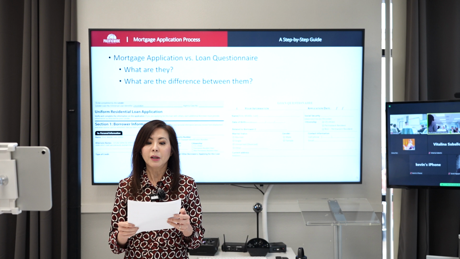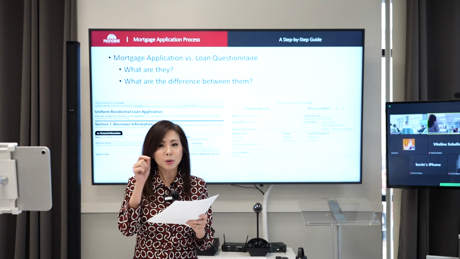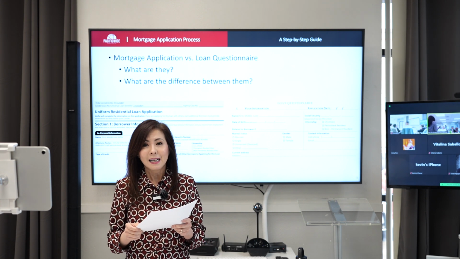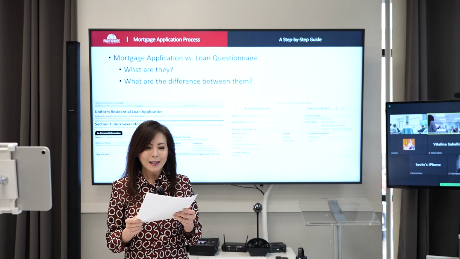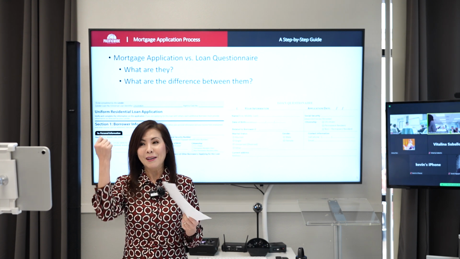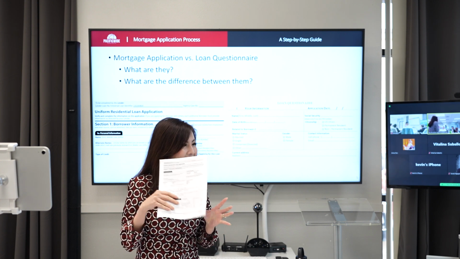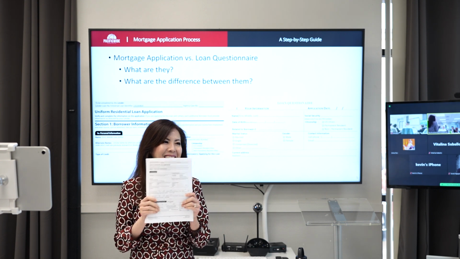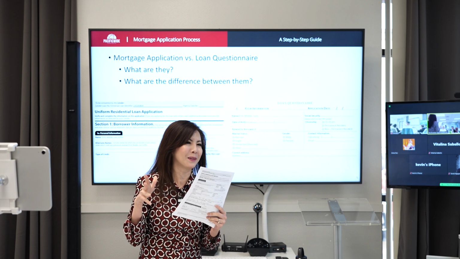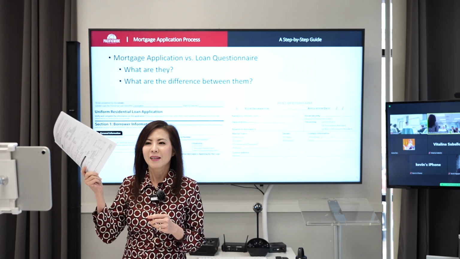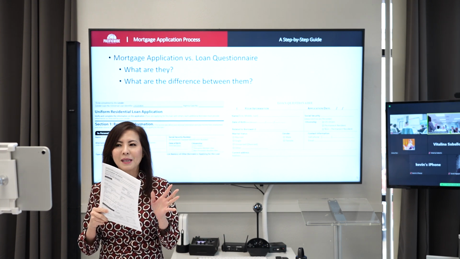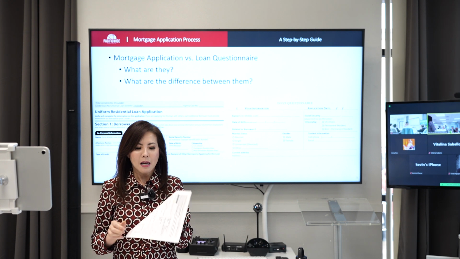I remember if I made one mistake, I had to do it all over again. And I remember my first loan, I kept rewriting it and my hand got really tired. Only 4 pages and now it's 8 pages, it's double. And luckily now we can type it, we don't have to write it.